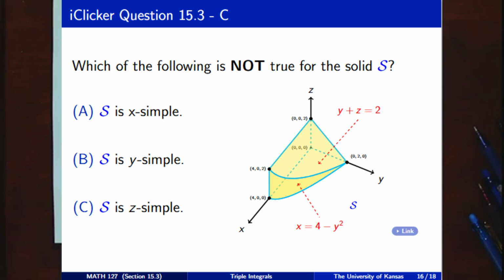So there are two simple ways to go about it. One way is going up, and then the other way is going down. So would you say z simple? Z simple is true. One more is true. Would you say x simple? So what is not simple? Y. So I think it's time to tell you one more trick.